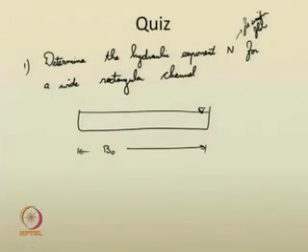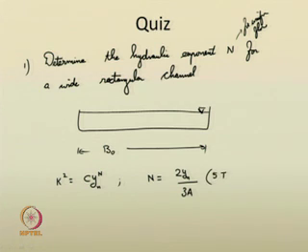So, the solution for the first question. If you recall your hydraulic exponent, it was given as N = 2y_n/(3A) times (5T - 2y_n R dP/dy_n). We had derived this equation in one of the earlier classes.